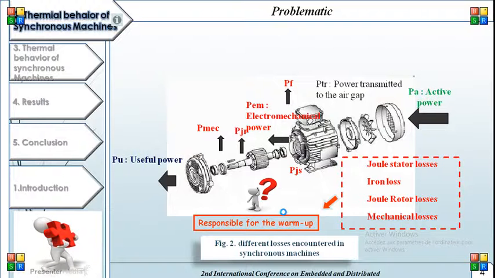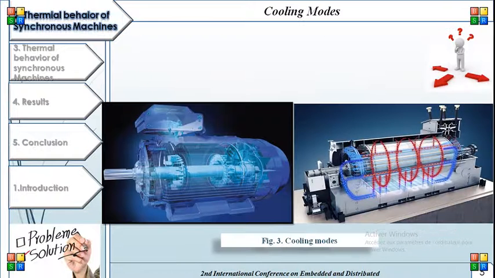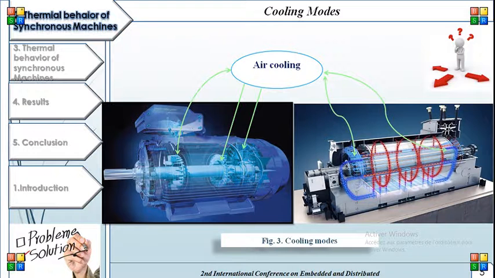Therefore, to avoid exceeding critical temperature in the machine, we need an extremely efficient cooling and ventilation system capable of ensuring sufficient removal of the internal heat of the machine. So cooling is essential for the productivity and to protect the internal part of the machine from thermal damage. So there are several types of cooling machines, but in our study the cooling is by air circulation.